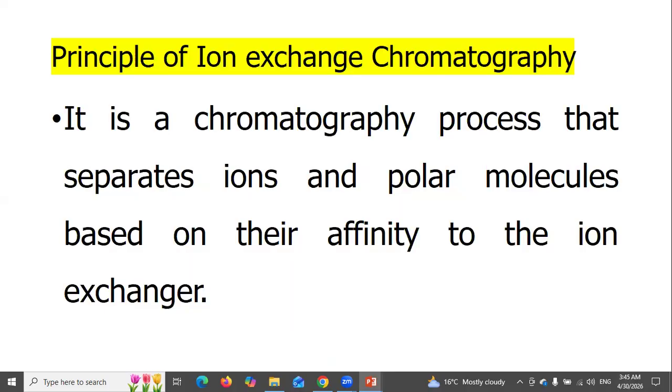Principle of ion exchange chromatography: it is a chromatography process that separates ions and polar molecules based on their affinity to the ion exchanger.